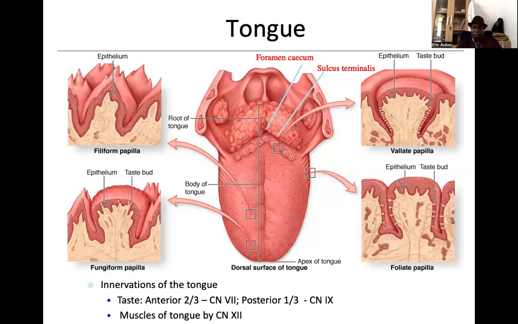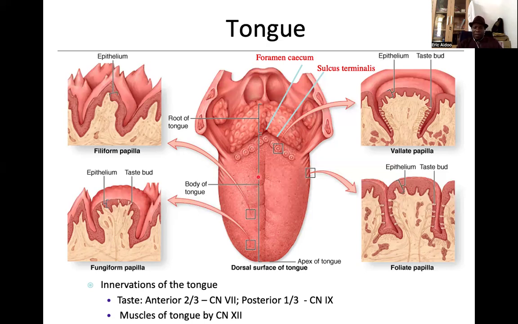And when we do embryology, you see why you have the sulcus terminalis and why you have the foramen cecum and these divisions, okay? So the innervation of the tongue is even different. The anterior two-thirds will be innervated by the facial nerve through the chorda tympani, okay? Yeah, that is for taste.